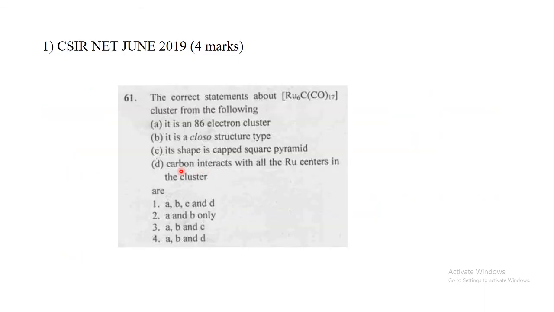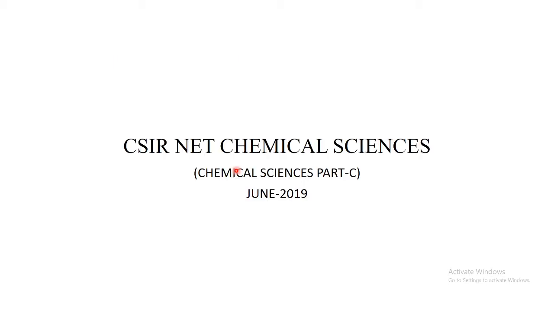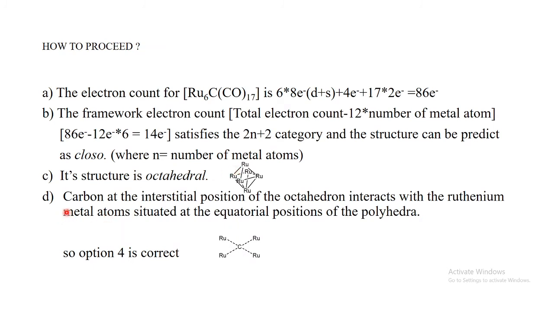The next statement is the carbon interacts with all the ruthenium centers in the cluster. The carbon is situated in the middle of the octahedron. So the carbon is at the interstitial position of the octahedron, that is, it occupies the center of the octahedron, and as a result it interacts with the ruthenium metal atoms situated at the equatorial position.